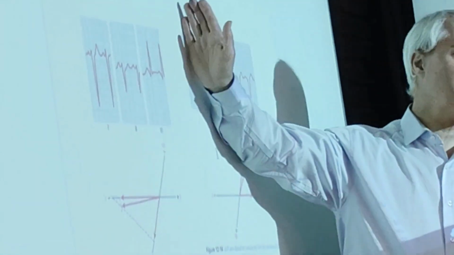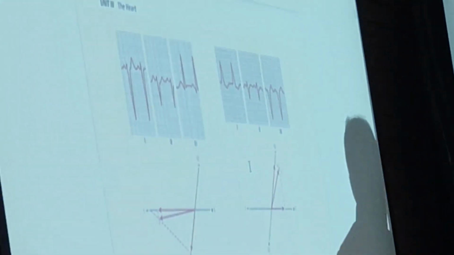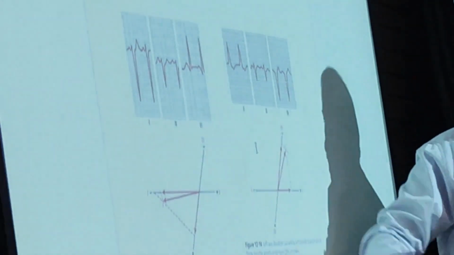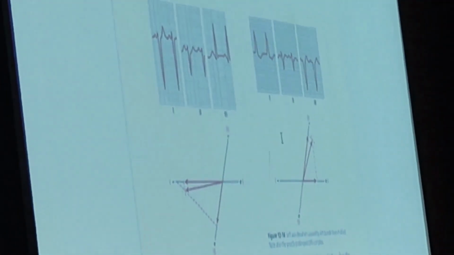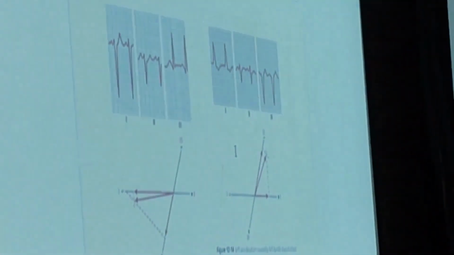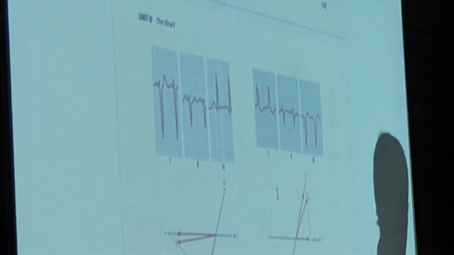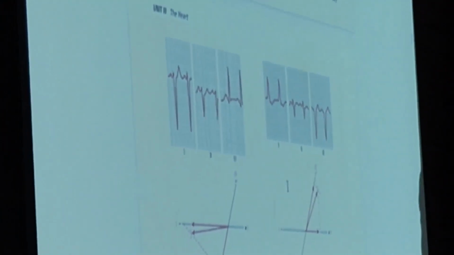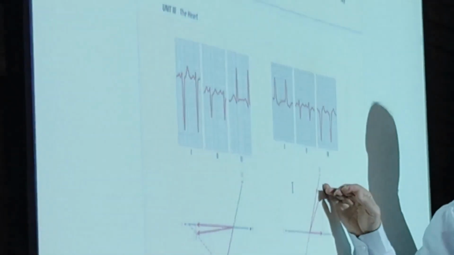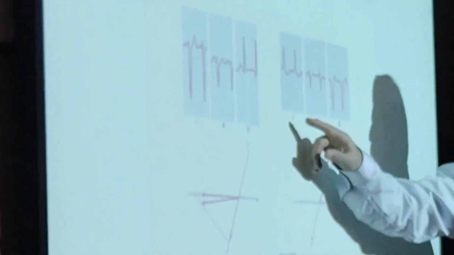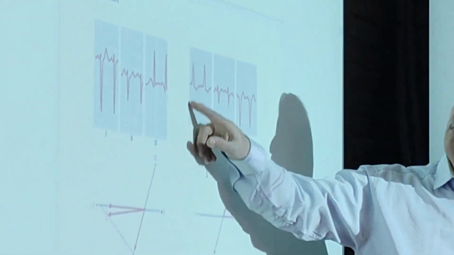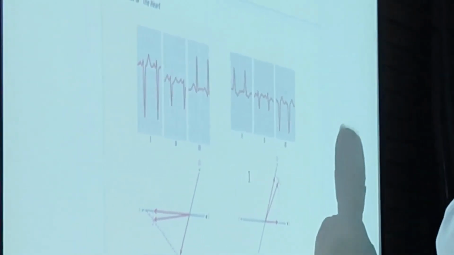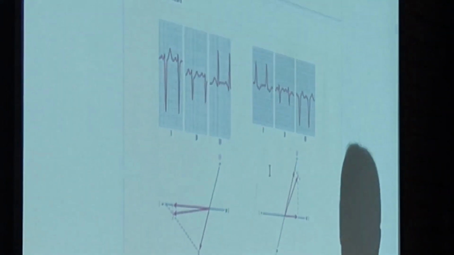In the widthwise direction, you have the voltage scale. If the speed of the electrocardiographic motor is 25 millimeters per second, each small square equals 0.04 second in the lengthwise time scale. In the voltage scale, each small square equals 0.1 millivolt.